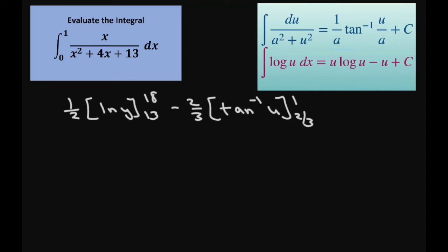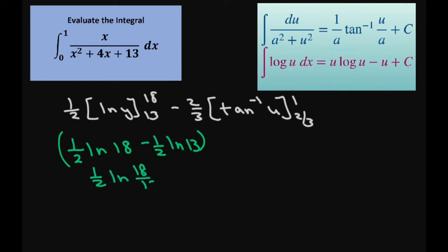Using substitution, you're going to get 1/2 ln of 18 minus 1/2 ln of 13. This part right here is just going to be, if you condense it, 1/2 ln of 18 divided by 13.